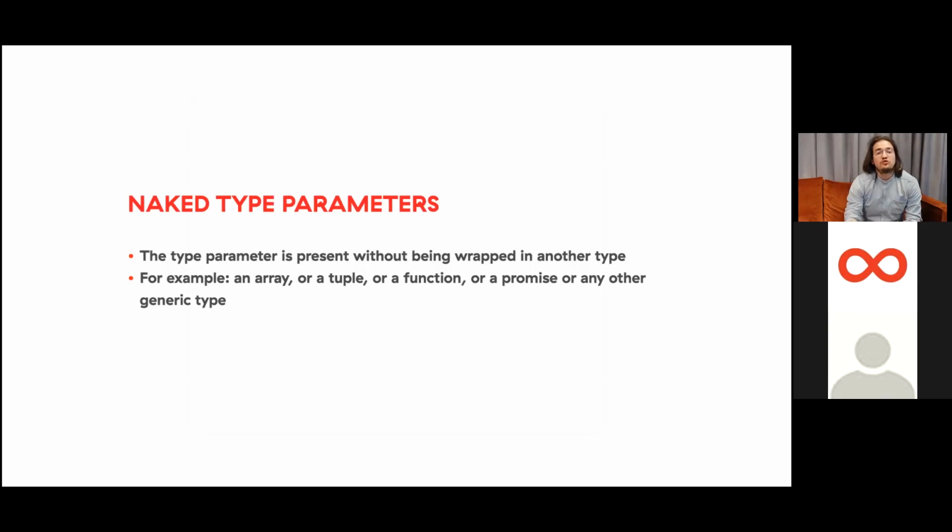So we need to talk about another thing before going on, and that is naked type parameters. Naked type parameters are type parameters that are present without being wrapped in another type. Being wrapped in another type means, for example, that a string is wrapped in an array or a tuple or a function or a promise, or any type that can be wrapped in another generic type.